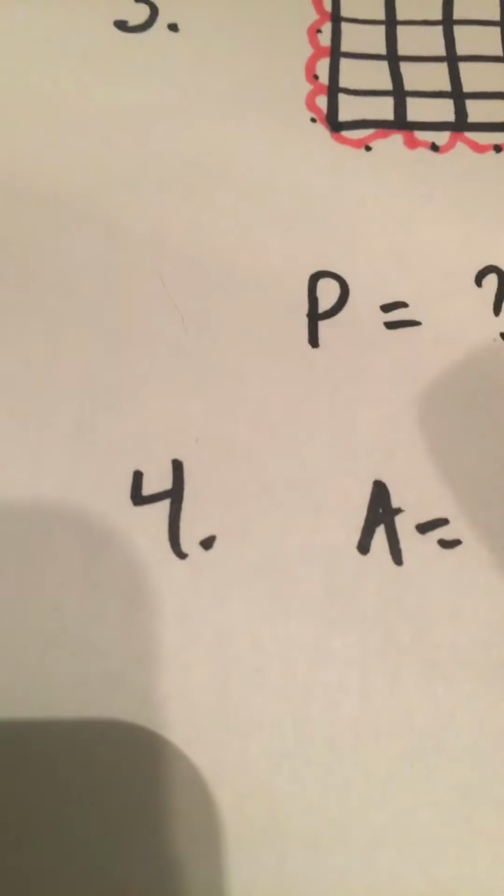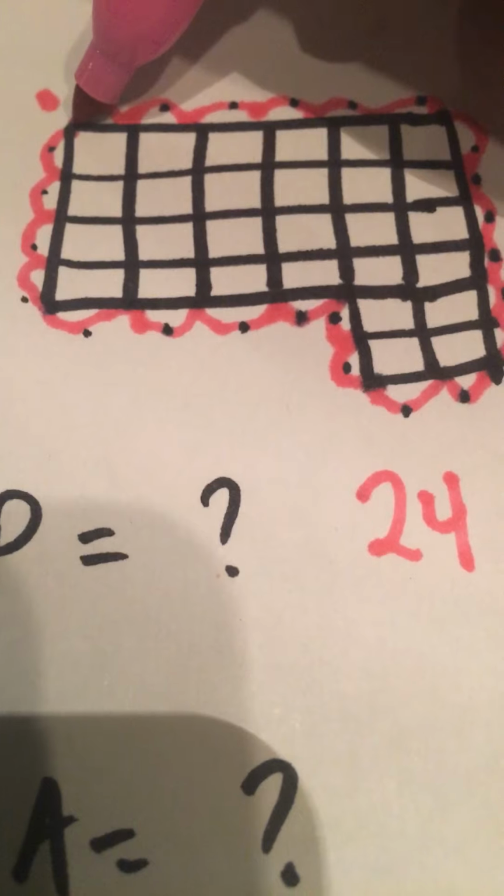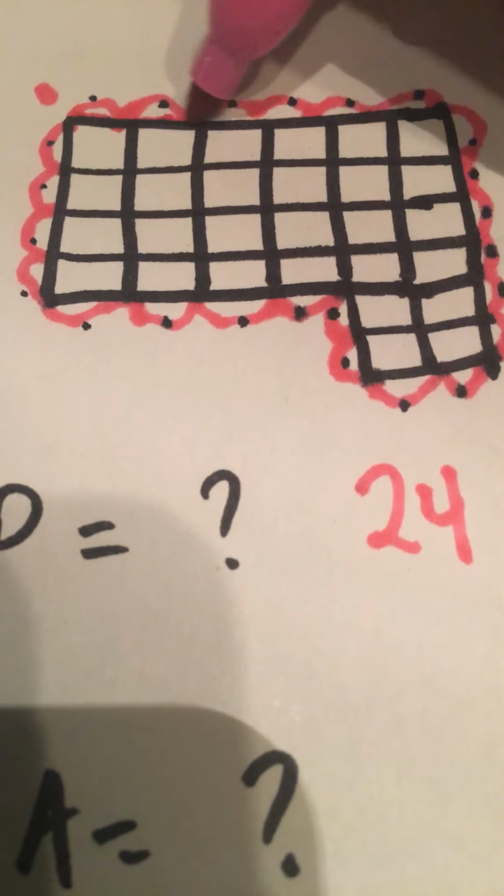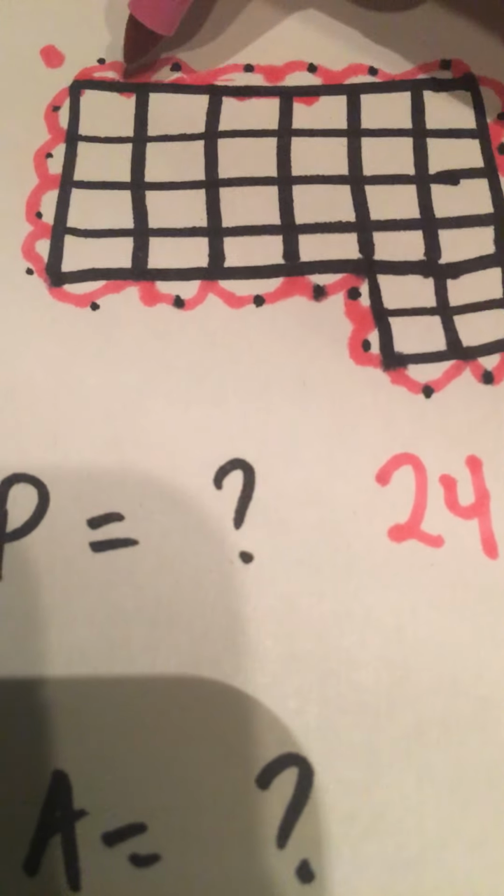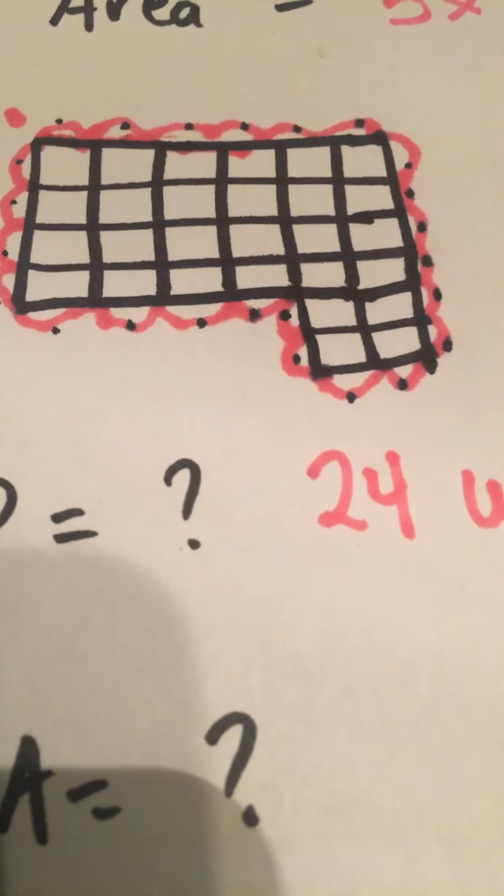So your perimeter for the shape on number 3 was 24 units. Some kids, if you remember where you start from, can just trace these lines and count, but sometimes the little half circles just help you figure out what you're doing.